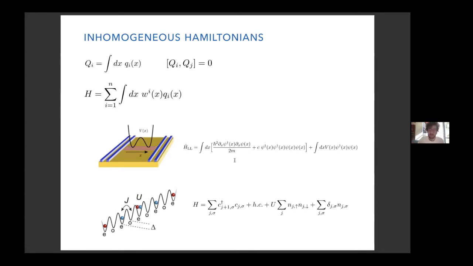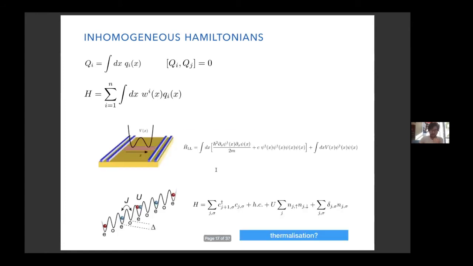This means that on top of the linear Hamiltonian, you should put some potential coupling to the density. Or, for example, nowadays people are interested in a system like the Fermi-Hubbard model, where particles jump on a lattice, but you can also put some electric or magnetic field that gives some slope to the particles. These are all examples where the Hamiltonian is space dependent.